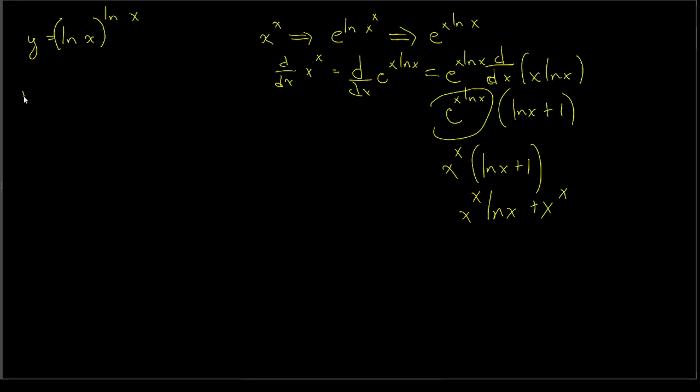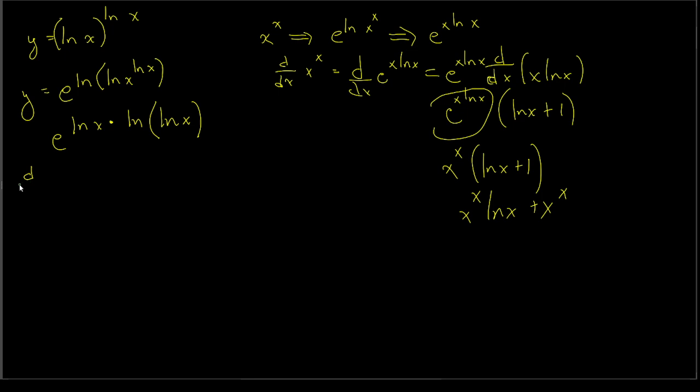So we will write y as e to the ln of ln x to the ln x. Now if we use our power rule, we get e to the ln x times the ln of ln x.